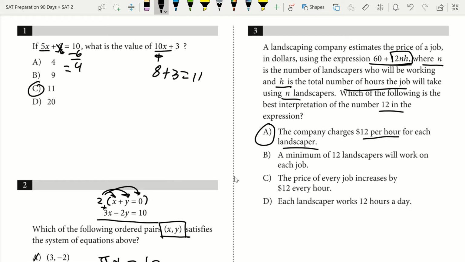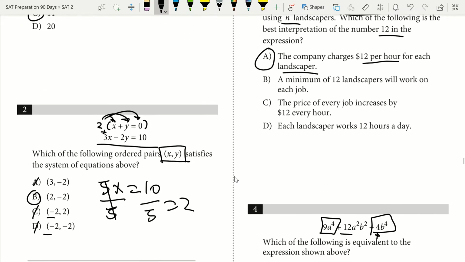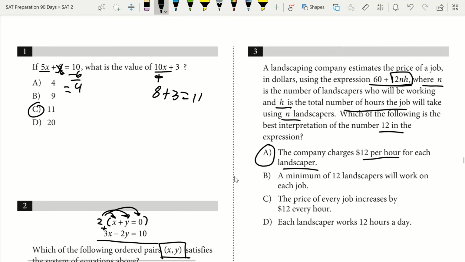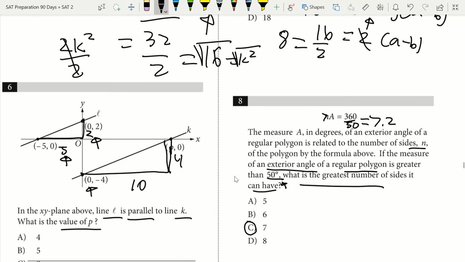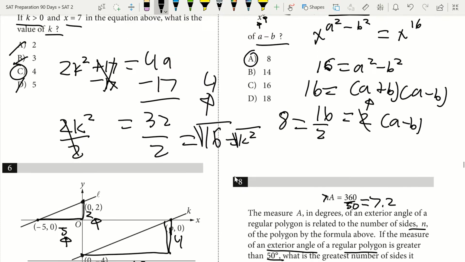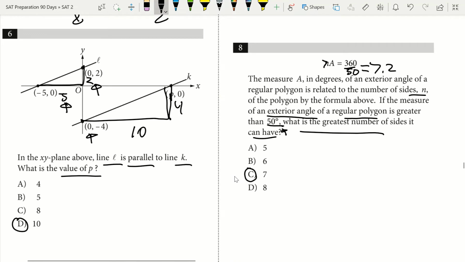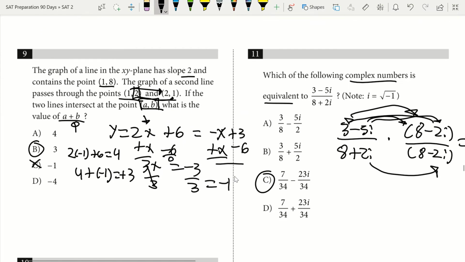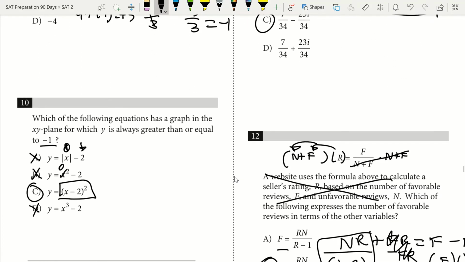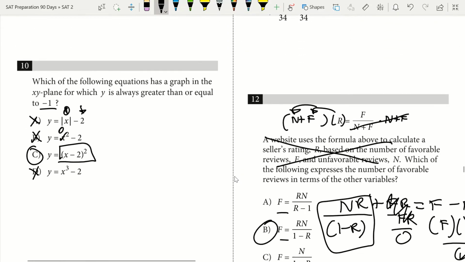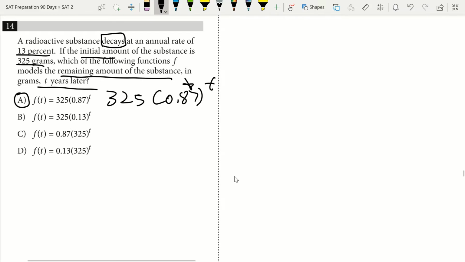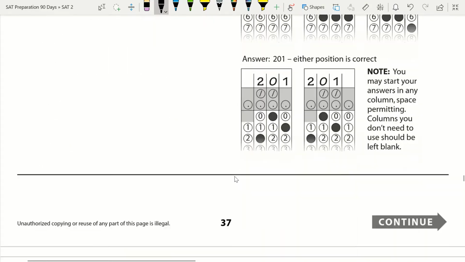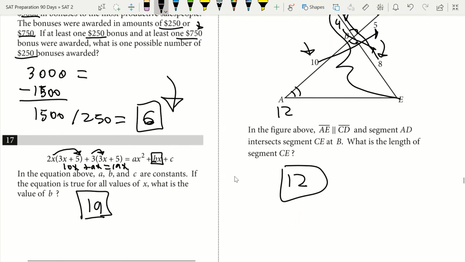So we're going to run through it just like I would if I were checking my answer booklet. So we've got 1C, 2B, 3A, 4A, 5C, 6D, 7A, 8C, 9B, 10C, 11C, 12B, 13D, 14A, 15D, 16, 17, we have 19 as our answer choice.